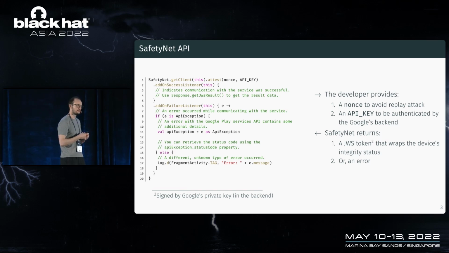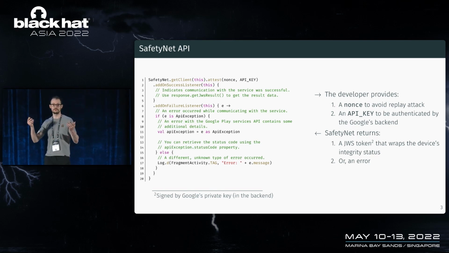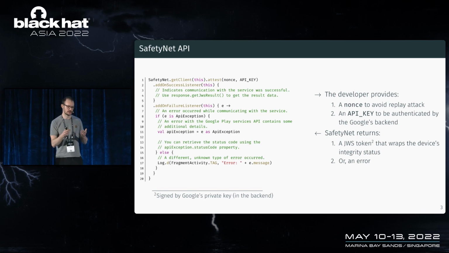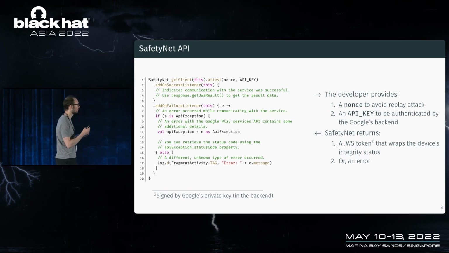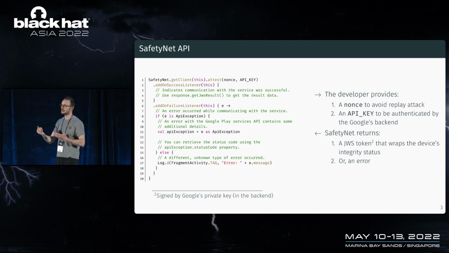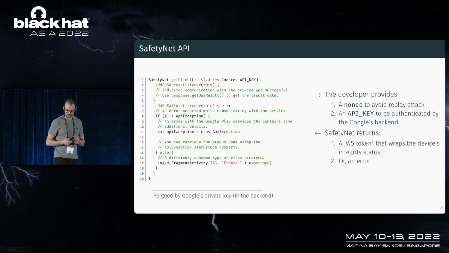And when the developer provides these two pieces of information, they will get the result of the SafetyNet attestation through one callback. I mean, two callbacks if there is a failure, but mostly one in the case where it's a success. And SafetyNet will provide the information about whether the device can be considered as safe or not.